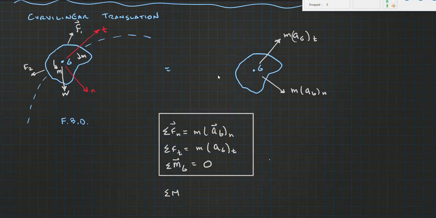instead of summing moments about g, we could sum moments about some other point, say b, and then this would not be equal to 0. Now let's give this over here b, we'll call this a just because I drew it on there. So now we have some distance e, say, and some distance d here.